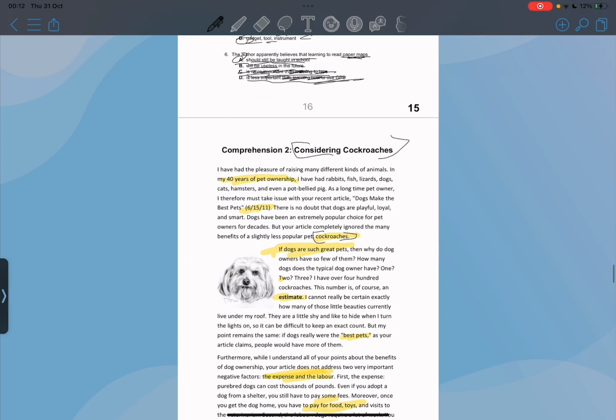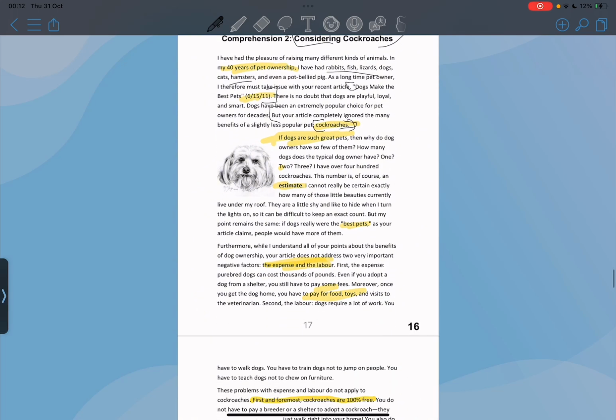This starts off by talking about how this author has owned many different pets, right? And then there's an article that they read, which is talking about dogs being the best pets. What they say is that your article has ignored a less popular pet, which is cockroaches. And he says, I have around 400 of these in my own house, and that's an estimate.